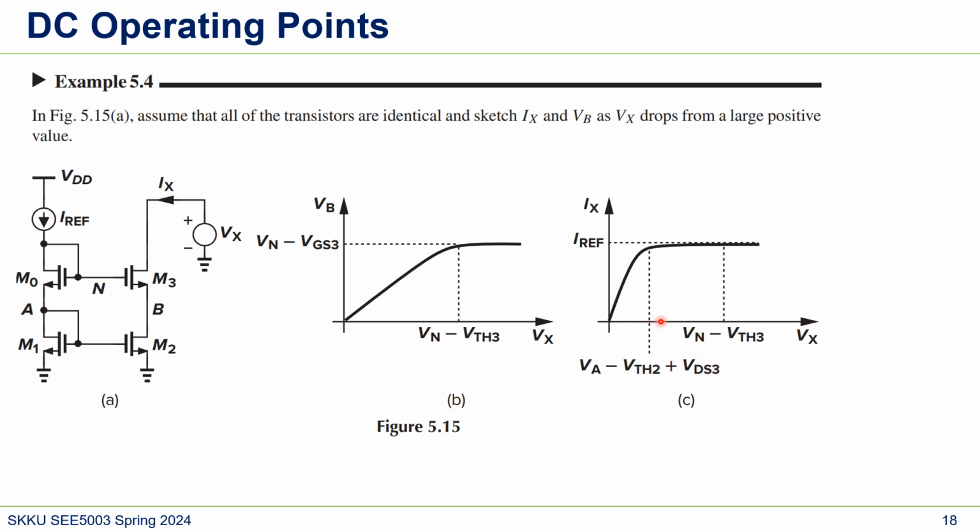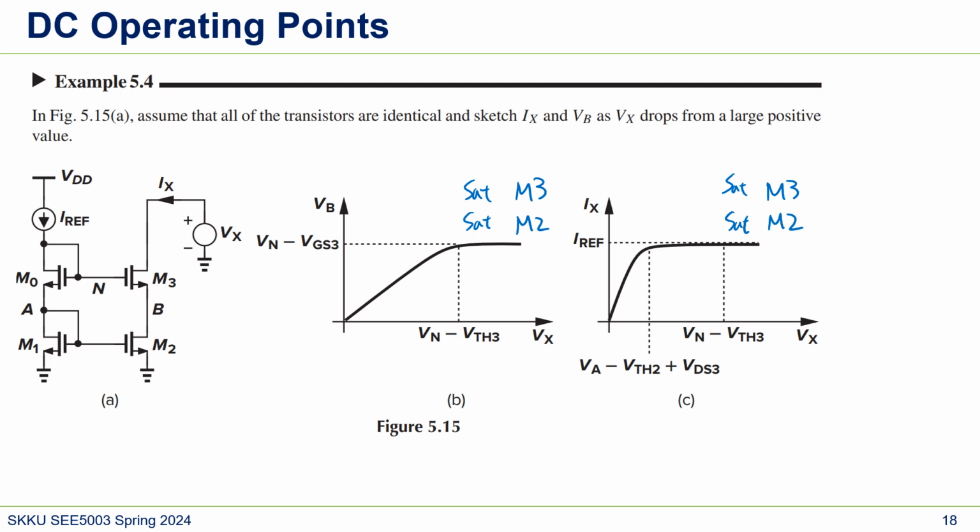But the thing that we can get from it is that we want to see how the operation region changes. Let's say if Vx is high, then both of them are in saturation, right? Because the assumption of saturation region is that the VDS should be high enough, larger than VGS minus VTH.